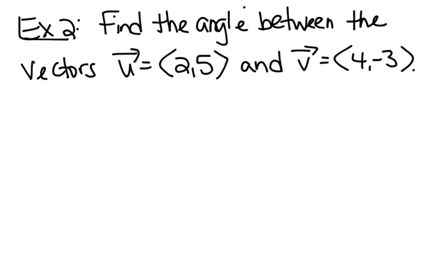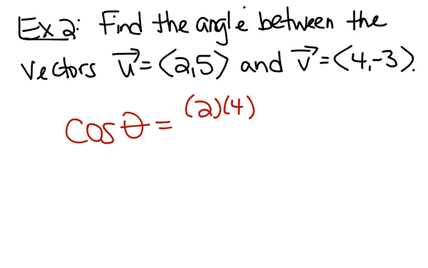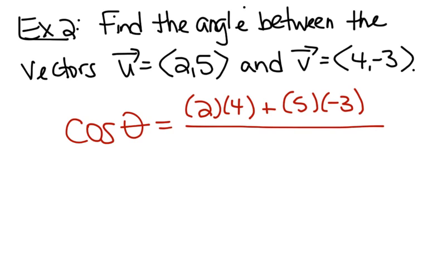I'm going to find the angle between vectors u and v if u is 2, 5 and v is 4, negative 3. So the formula says that the cosine of theta is equal to the dot product of u and v. So 2 times 4 plus 5 times negative 3 divided by the magnitude of each vector. Well, the magnitude of vector u is the square root of 2 squared plus 5 squared.